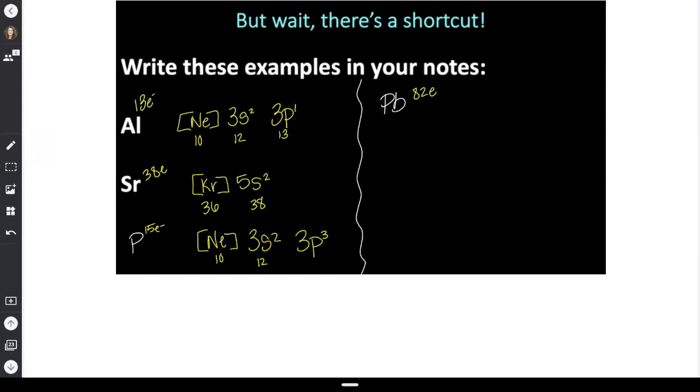That would be a long electron configuration to write out, so thankfully we have our shorthand here. So find Pb on your periodic table, and let's go up and all the way over. So we abbreviate it with Xe, xenon. And xenon has 54 electrons. So that's how much is abbreviated.